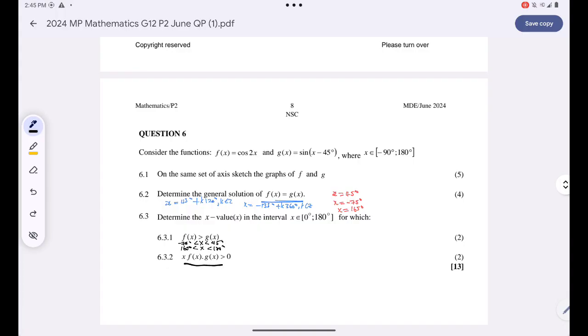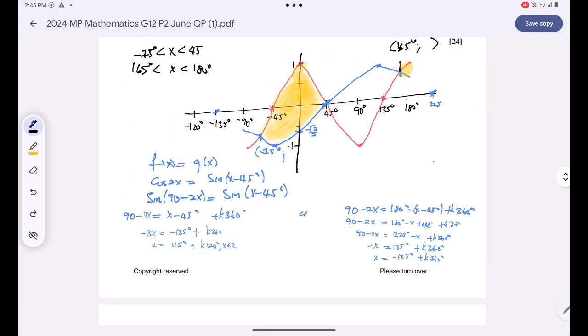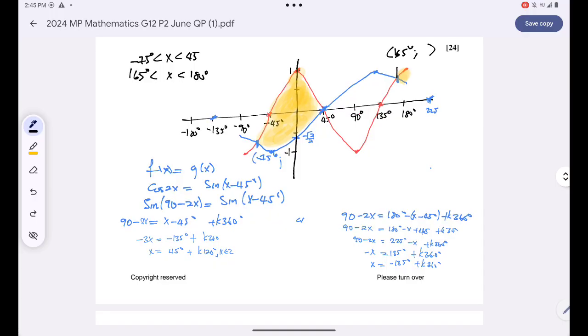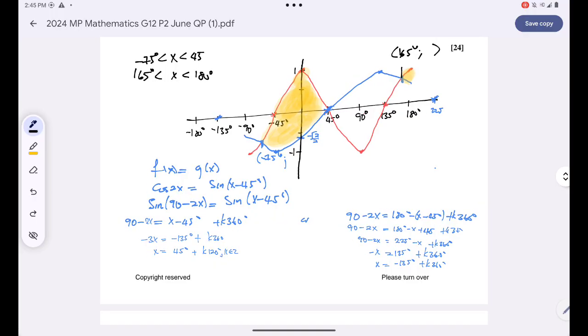Whenever I multiply three things and my answer is positive, that means everything must be positive, number one. And secondly, I cannot say everything must be negative. So my answer should be in the first quadrant. When my two graphs are in the first quadrant simultaneously, that's where my solution is.